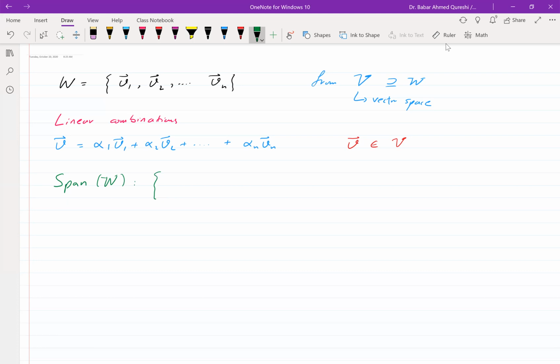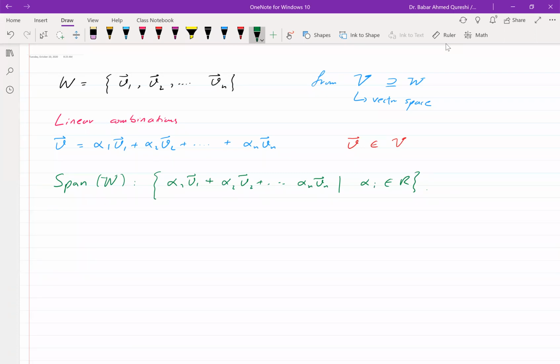Not just one particular one, but all of them. And you collect all these vectors.